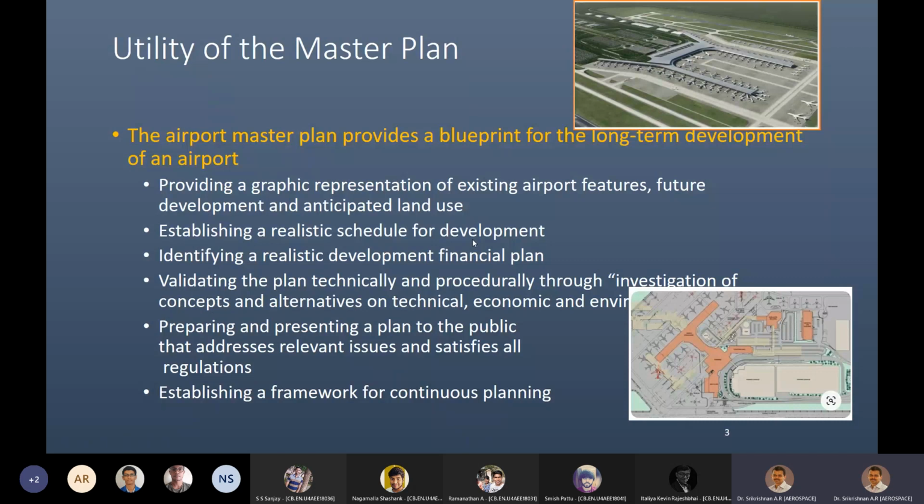And then all the issues that relate, as we discussed yesterday, to the people around, the communities, as we saw in that video of Heathrow Airport.